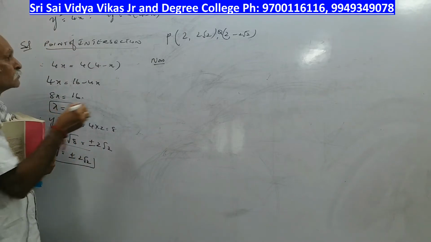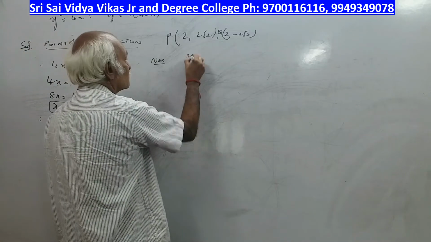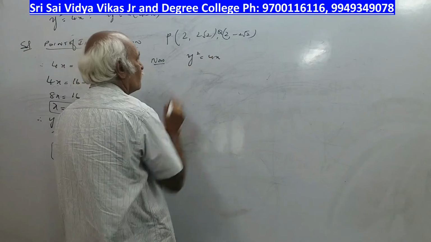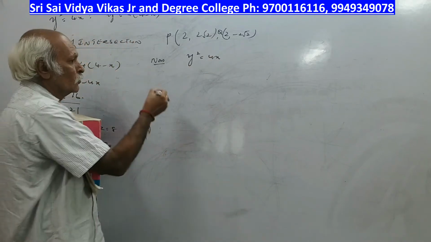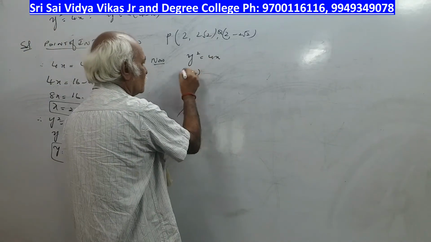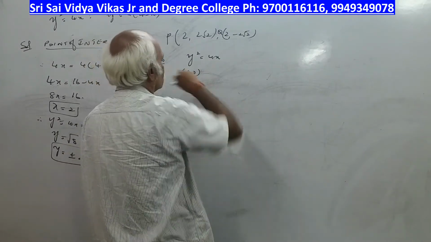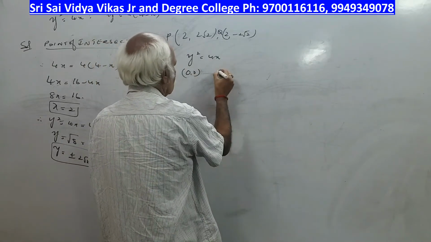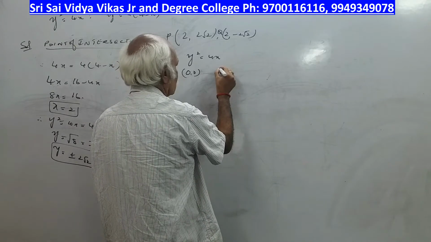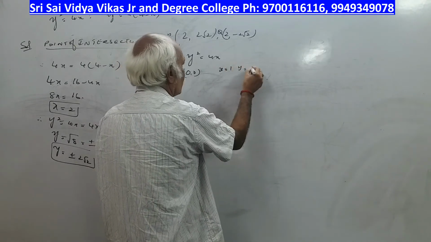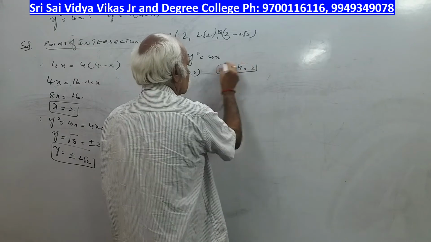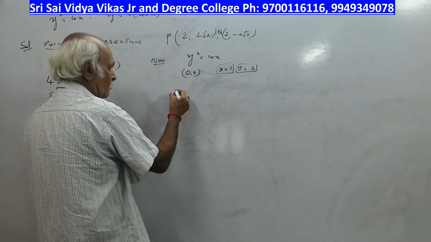Now, again, we have to draw the diagram. Y square is equal to 4x. So 0 comma 0 is one point, and if you put x is equal to 1, y is equal to 2. Therefore, we have to draw a diagram.